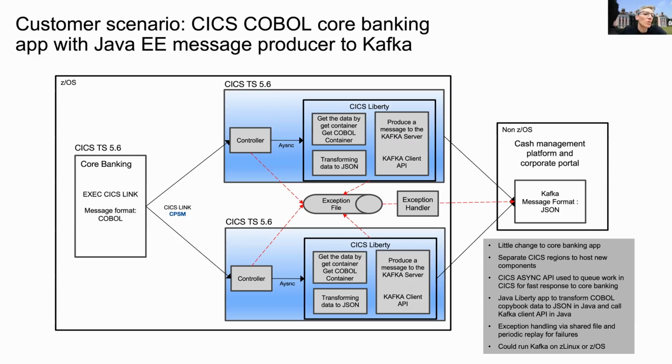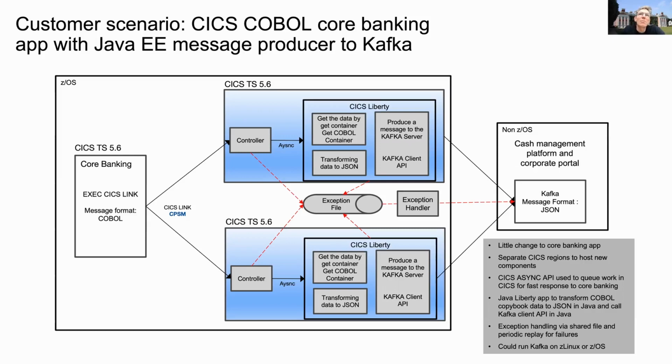In this case, they wanted the core banking application to remain largely untouched. So they had that continuing to run in the CICS regions that it was in, and they made an EXEC CICS LINK from their COBOL application through to a component in a new CICS region that was referred to as a controller.